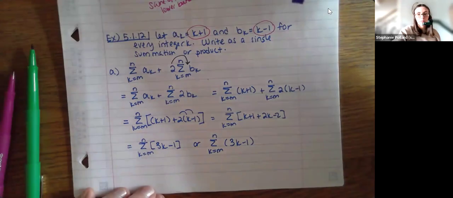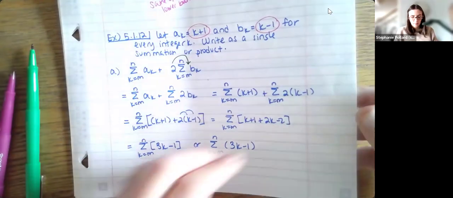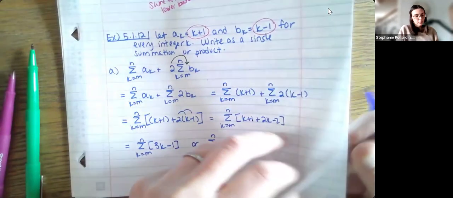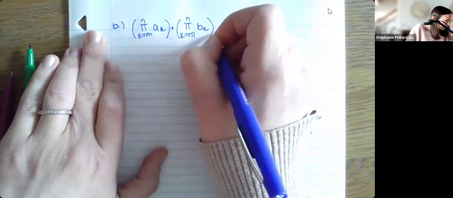All right, let's do one with a product now. So the product is going to go also from m to n of a sub k, and we're going to multiply that by the product, again, from m to n of b sub k.